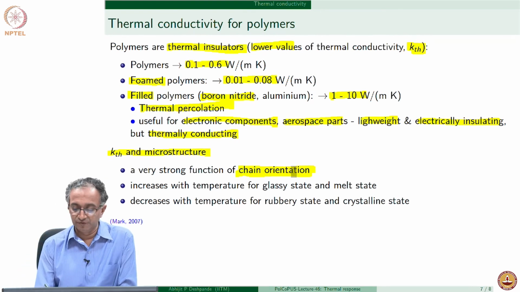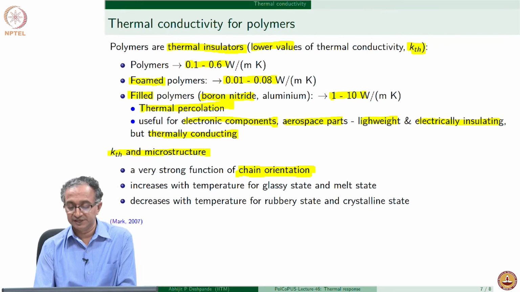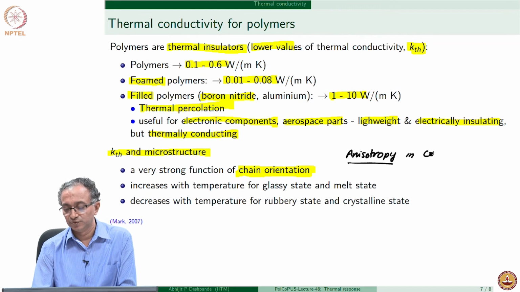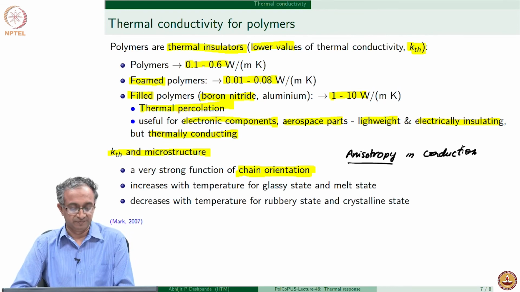Many polymeric samples, if chain orientation is there, also show anisotropy, which means different thermal conductivity in different directions. So, conduction behavior of many of the polymeric films which are oriented will be anisotropic.